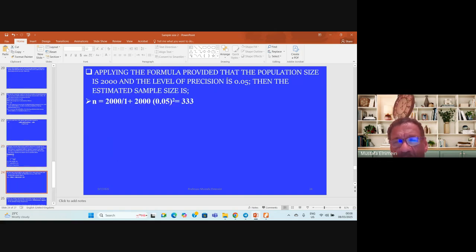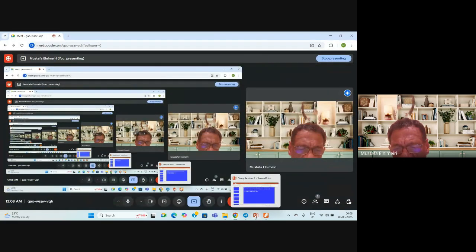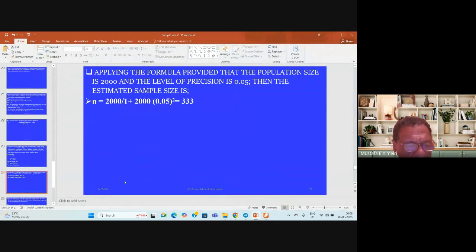Applying the formula, provided that the population size is 2,000, for example, and the level of precision is 0.05, then the estimated sample size n is equal to 2,000 divided by 1 plus 2,000 multiplied by 0.05 squared, which is equal to 333. And these are the important formulas that we can use for estimation of the sample size.